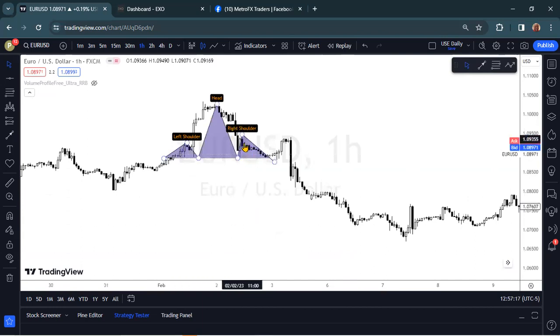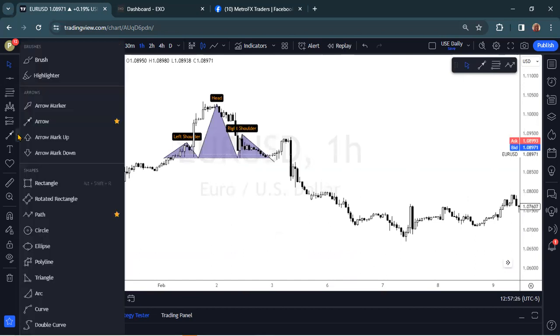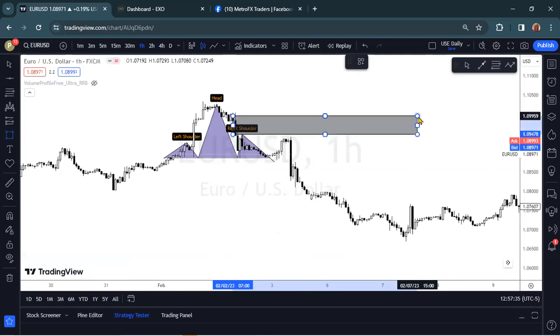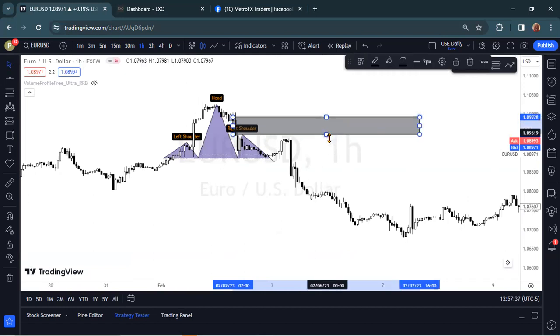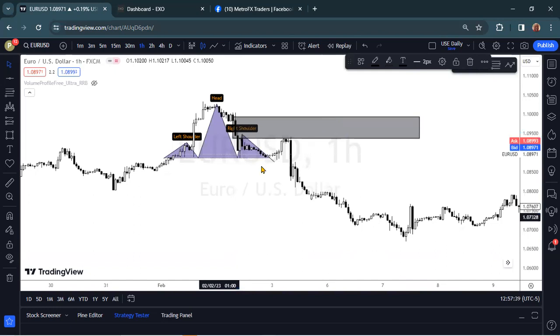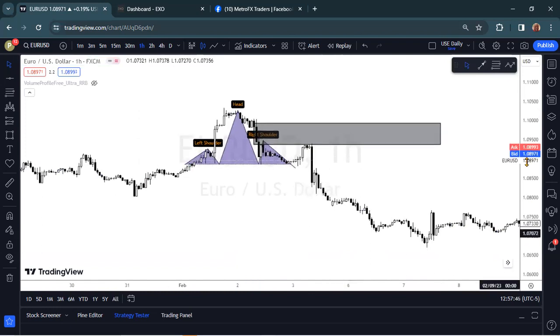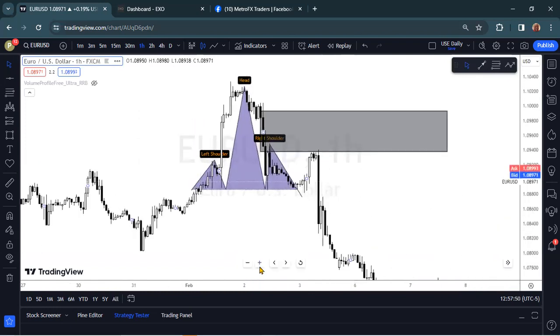Again, if you miss getting in over here, you wait for it to come back to the right shoulder. Look at that. It came right back to the right shoulder, came all the way back down. This is a winning trade. Okay. Perfect pattern.